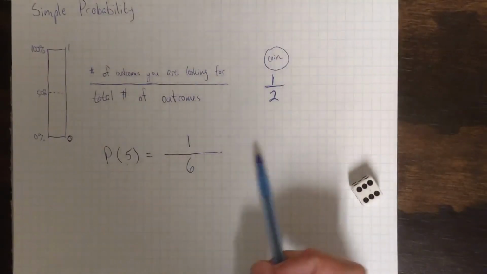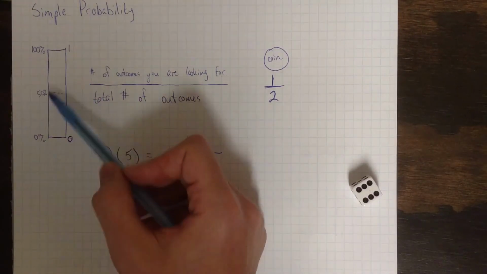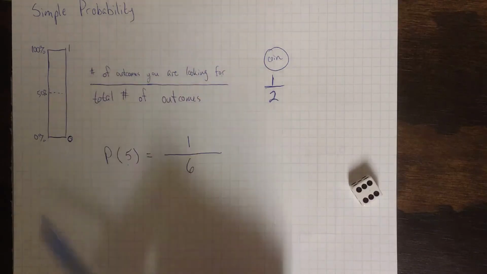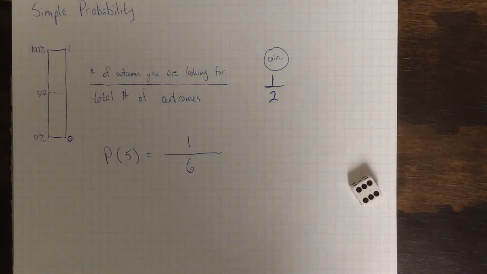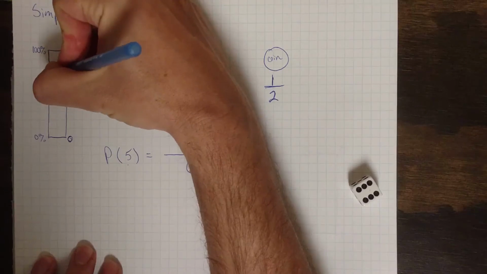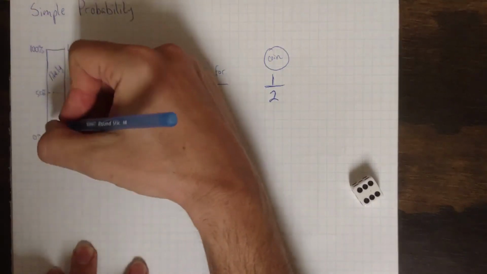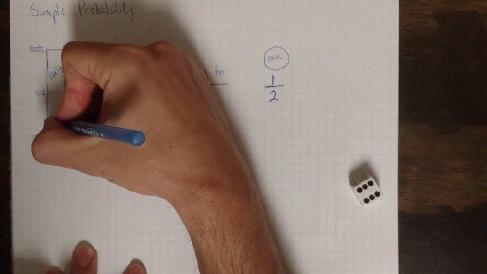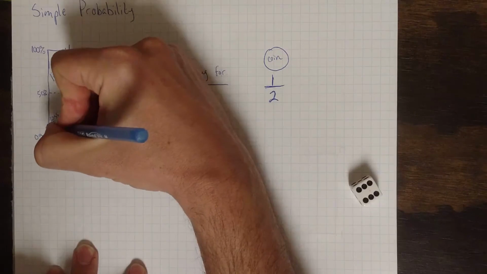So now if we turn this into a percent, we would know where it goes here on our fraction bar or our unit bar. And the next thing to talk about is just what does it mean if something's likely to happen. Anything that's above 50% is likely. It's more likely, at least, than the other. And anything under here is less likely. So I should say more likely, less likely.